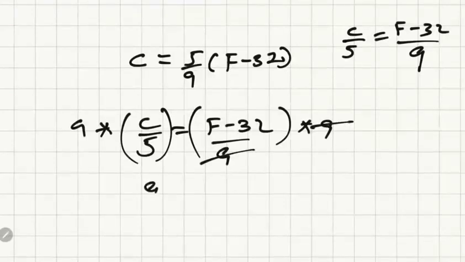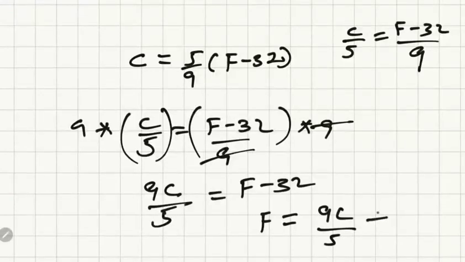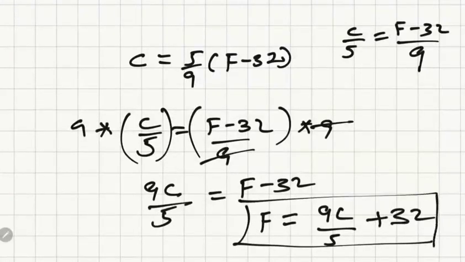So 9 times the Celsius reading divided by 5 is equal to the Fahrenheit reading minus 32. This means the Fahrenheit reading is equal to 9 times the Celsius reading divided by 5, plus 32. This is how you get the Fahrenheit reading from your Celsius reading.